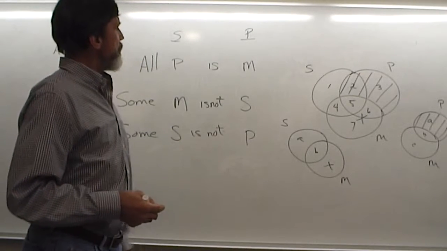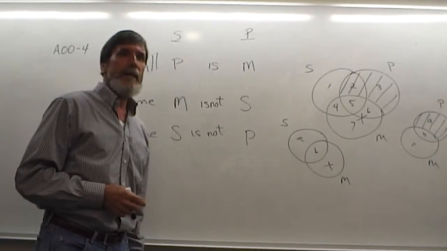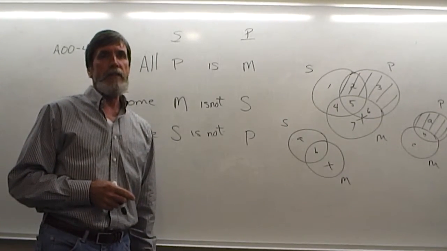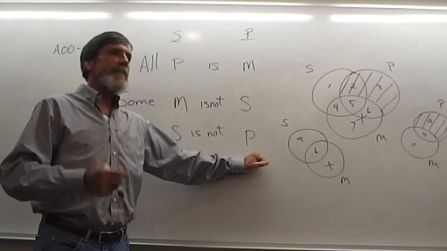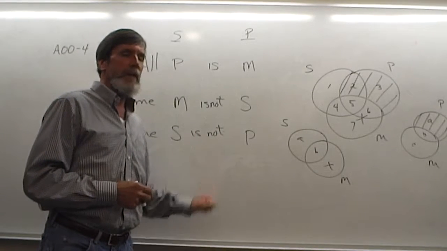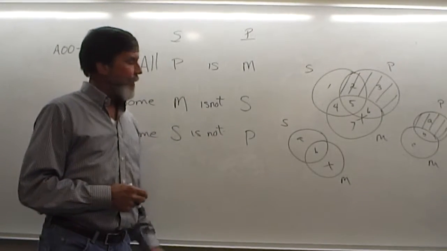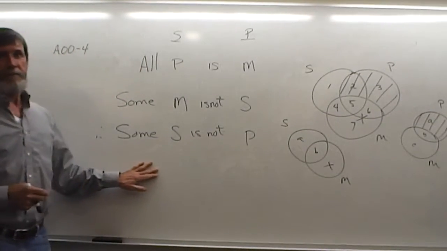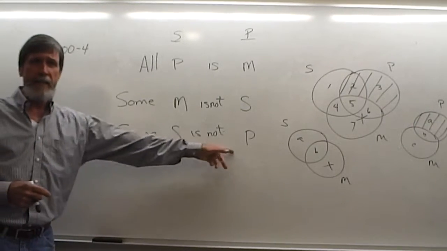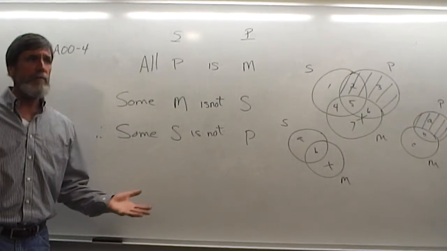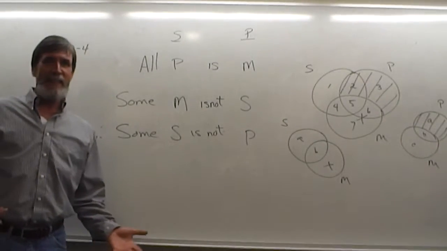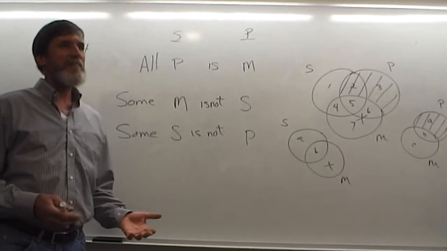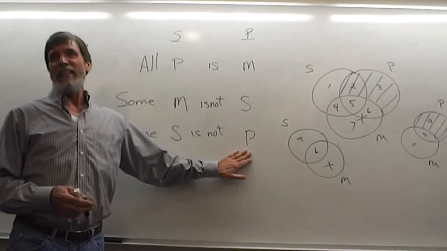If either term is distributed in the conclusion, then it must be distributed in its premise. If it's the major term in violation of that rule, it's illicit major term. Minor term, illicit minor term. So we have an O proposition here. Is either term distributed in the conclusion? If so, which one? S is not distributed in the conclusion. P is distributed in the O proposition.